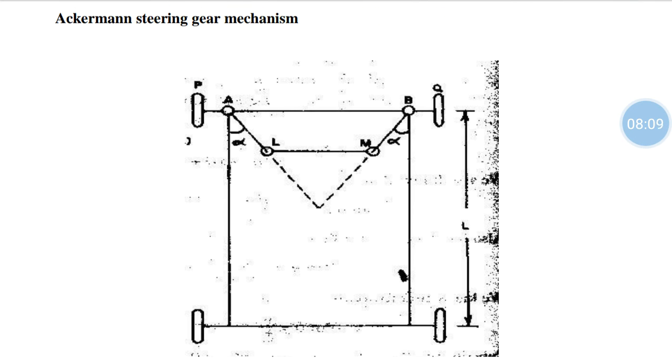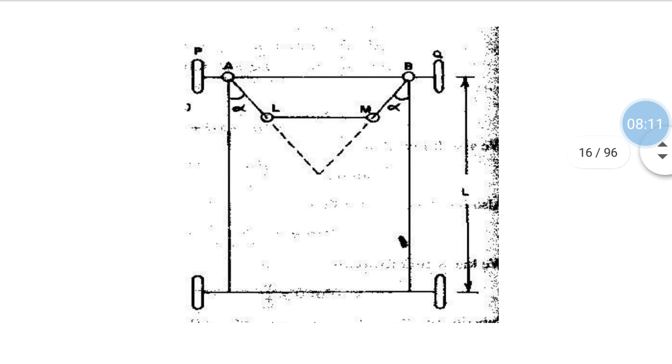In this Ackermann steering gear mechanism, you can see it is also the same. A and B are stub wheels, and D and C are fixed back wheels. A, L, M, B are the four links, and AP and BQ are also links. All this is the same steering gear mechanism.